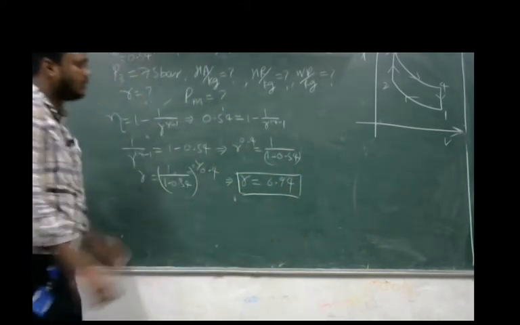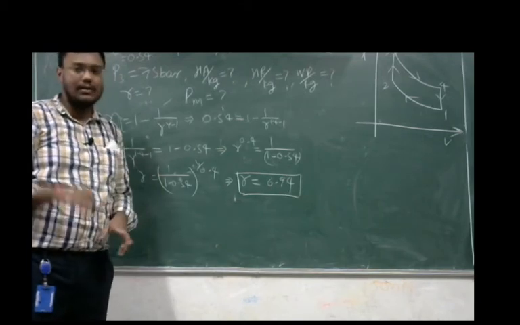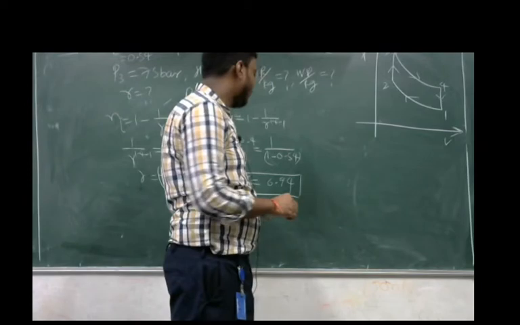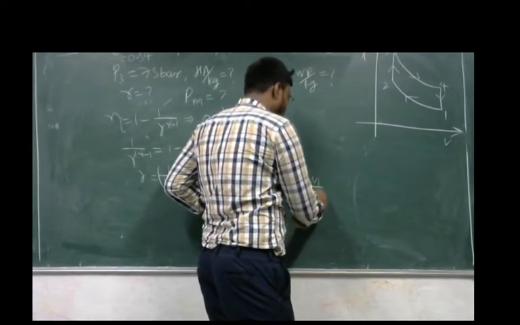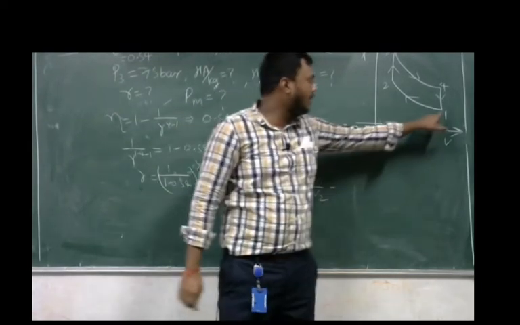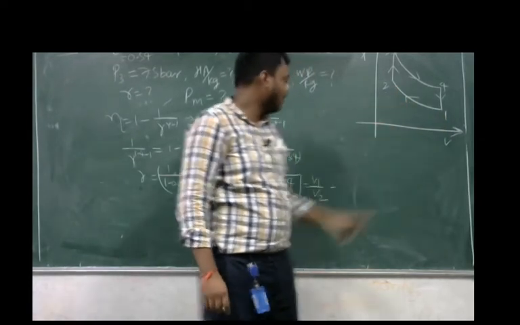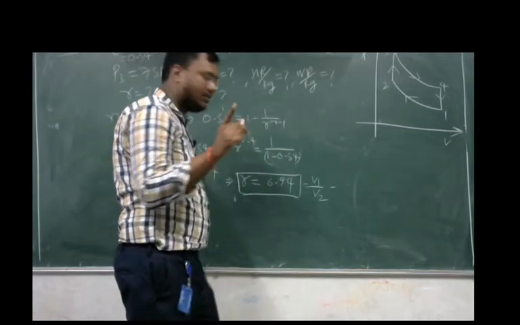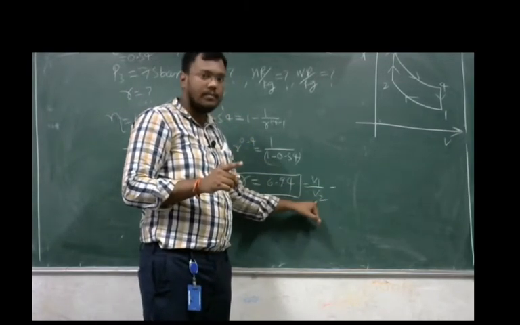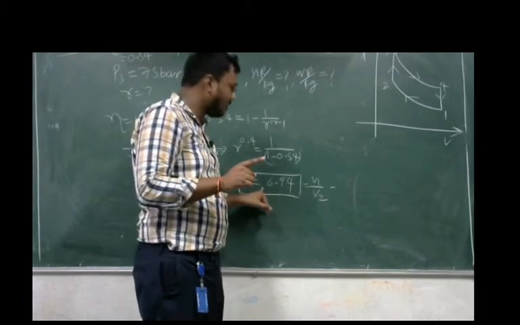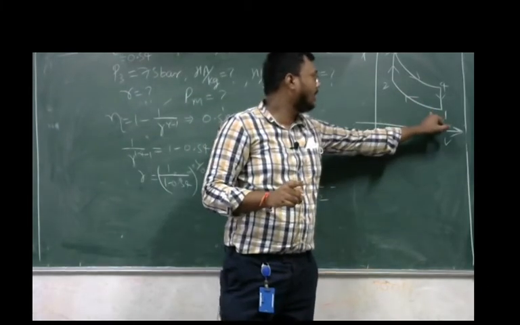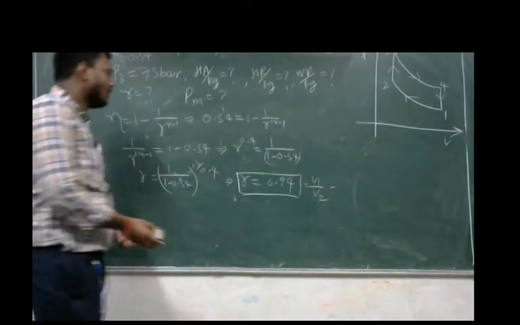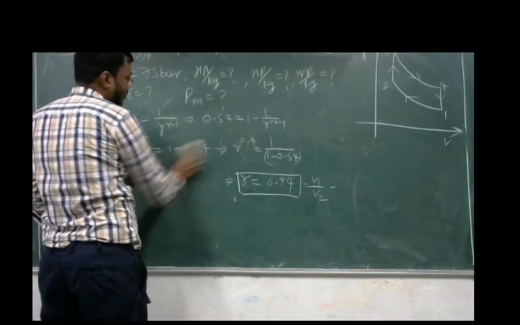Now here r is nothing but the ratio of V1 by V2, volume at point 1 to volume at point 2. So we can relate this r with temperature at points 1 and 2 in this compression process.